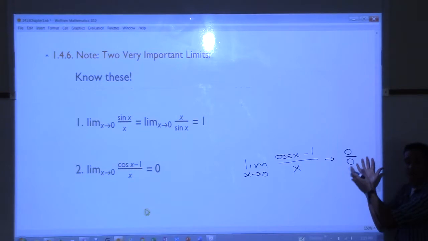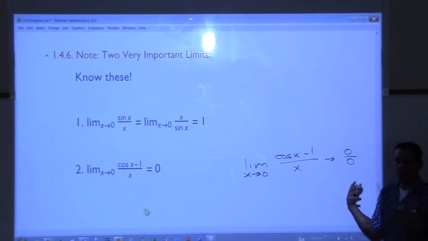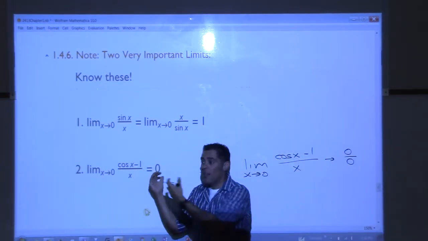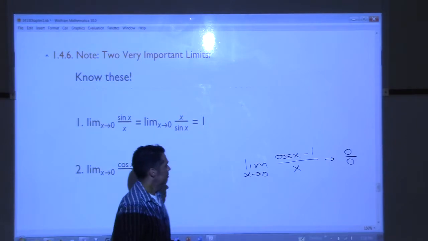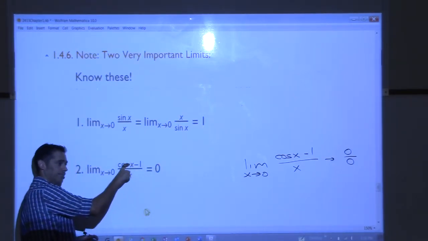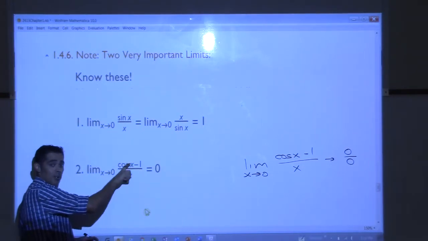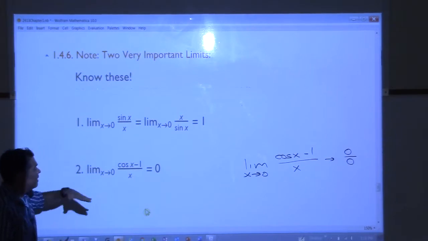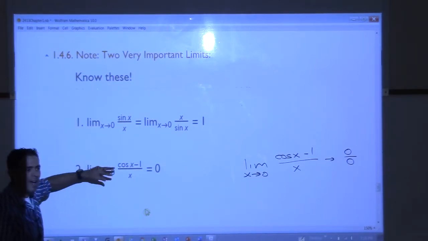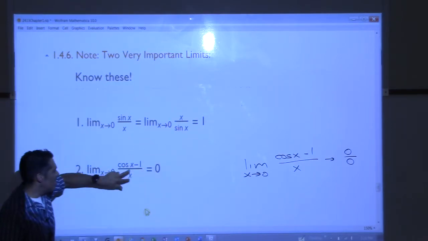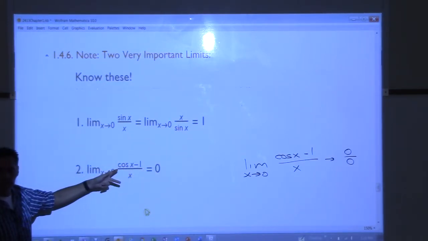So we have a bad situation, right? At 0, this thing is undefined, but as we approach 0, it's approaching 0. If you replace this x and this x with junk, so long as the junk goes to 0, the same thing happens. The big difference between this one and this one is that you cannot flip this one over. See how this one I said you could flip it? You are not allowed to flip this one over, all right?